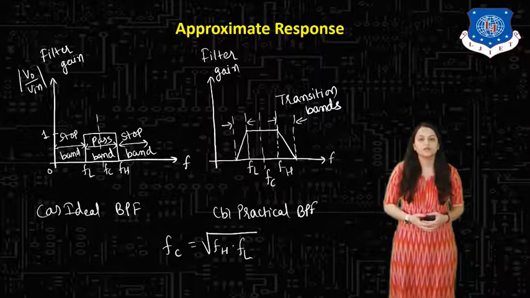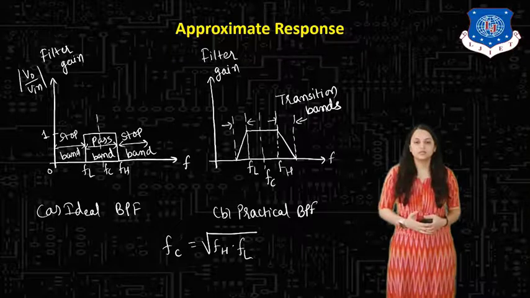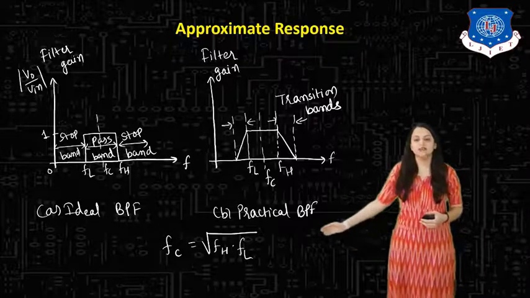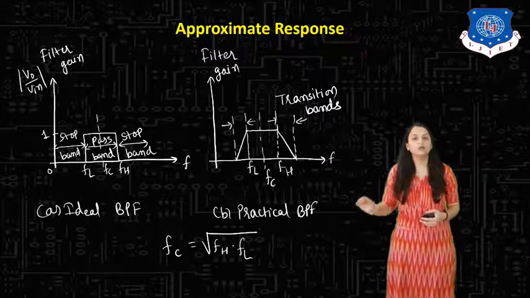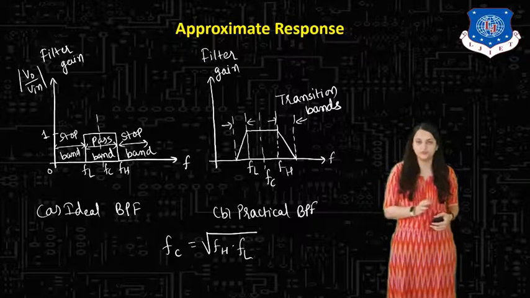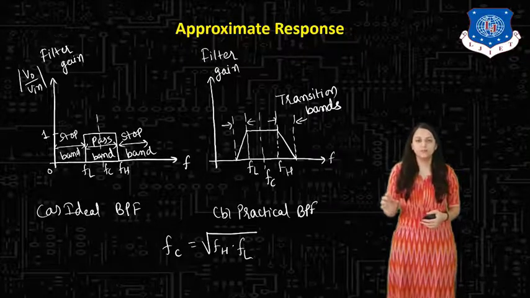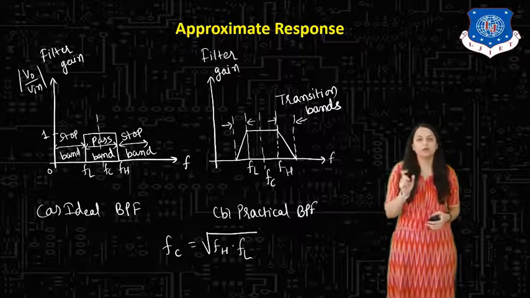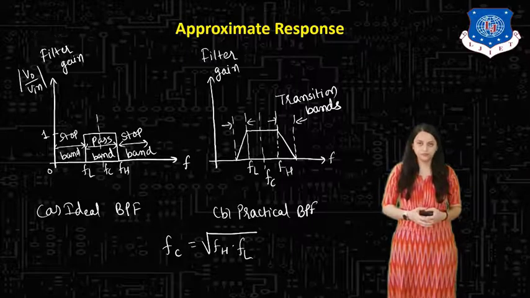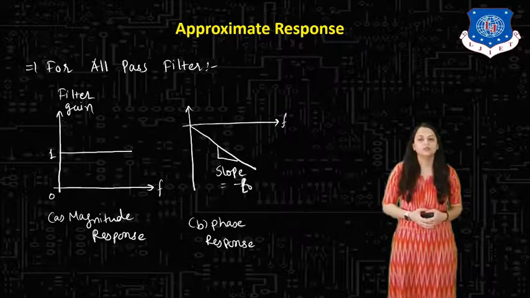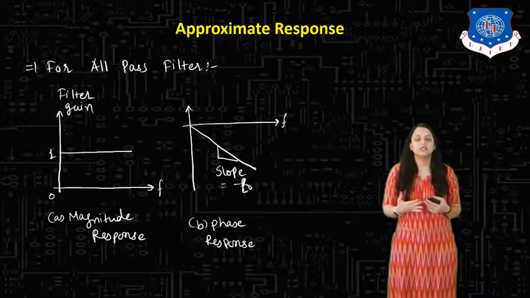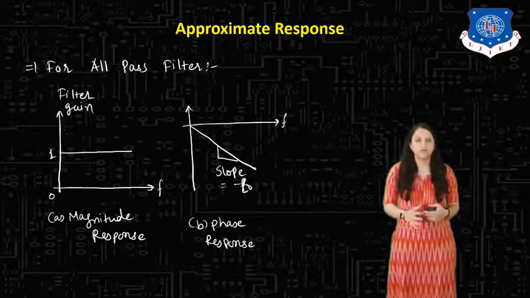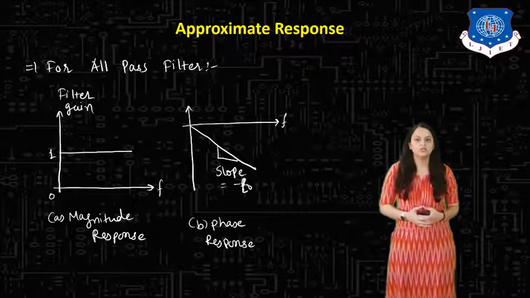Okay. Now what is the cutoff frequency? The cutoff frequency is given as Fc equals the square root of Fh into Fl. That means the square root of the multiplication of the high frequency and the low frequency. Now let us see the frequency response for the low pass filter.